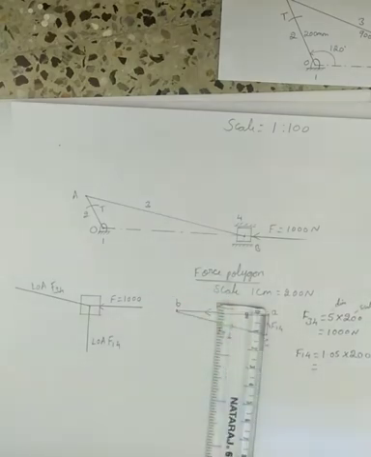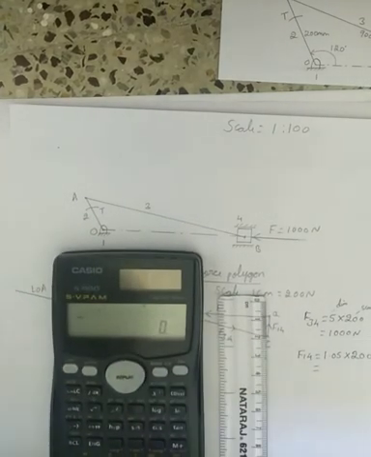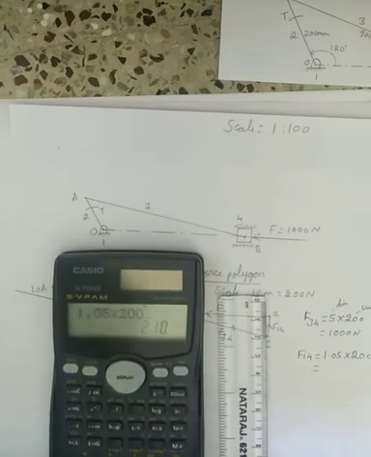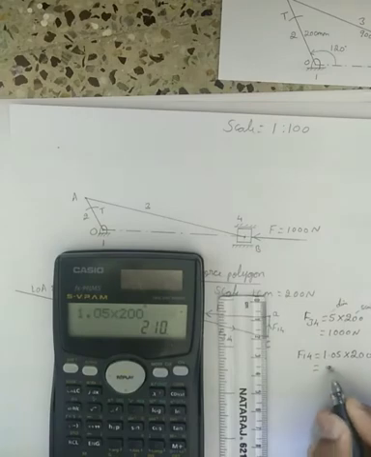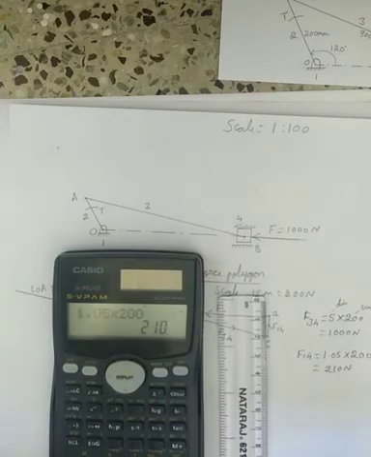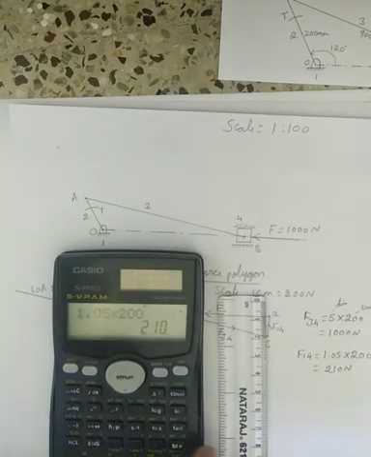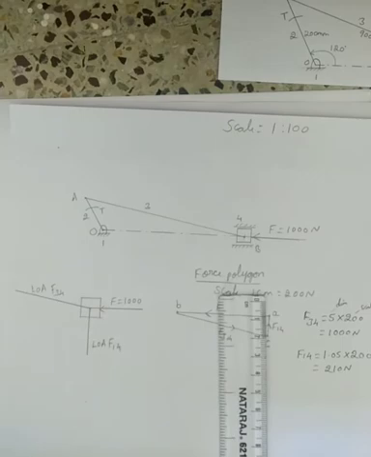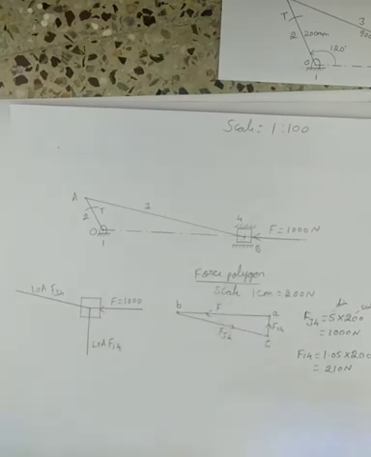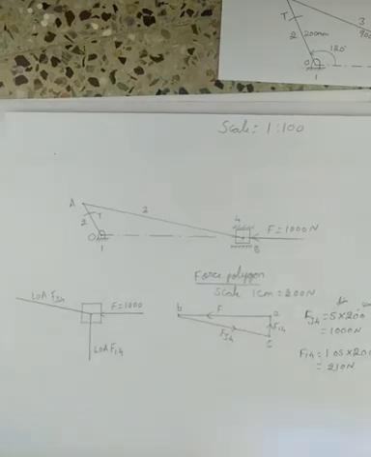So 1.05 into 200, I will get it as 210 Newton. So I have found the magnitude of F34 and F14. Now I know the direction of F34 and F14 and the magnitude of F34 and F14.